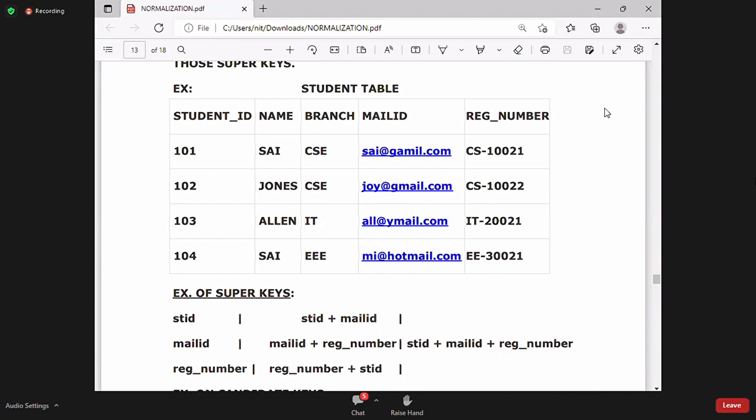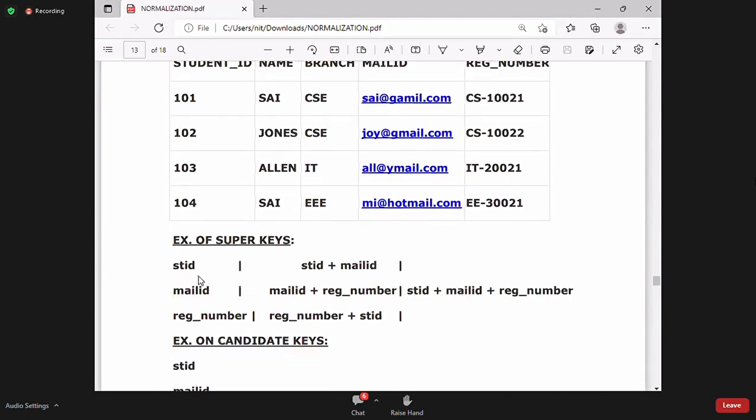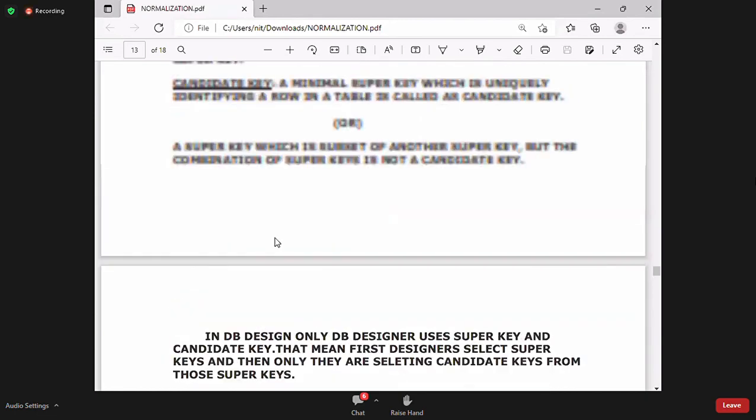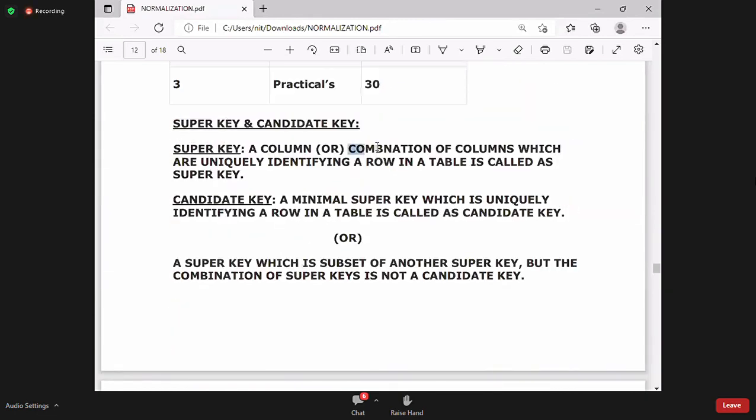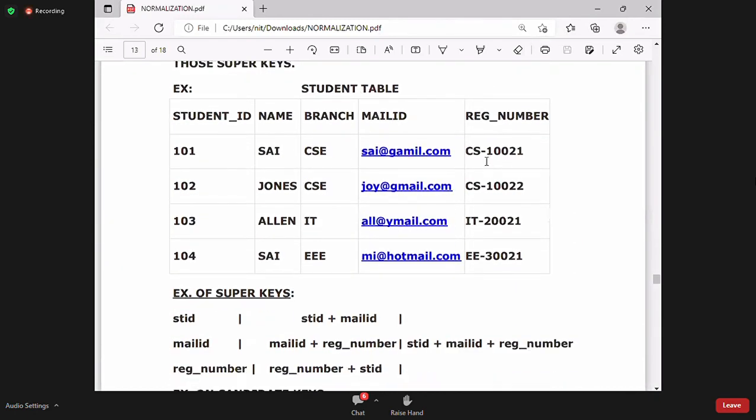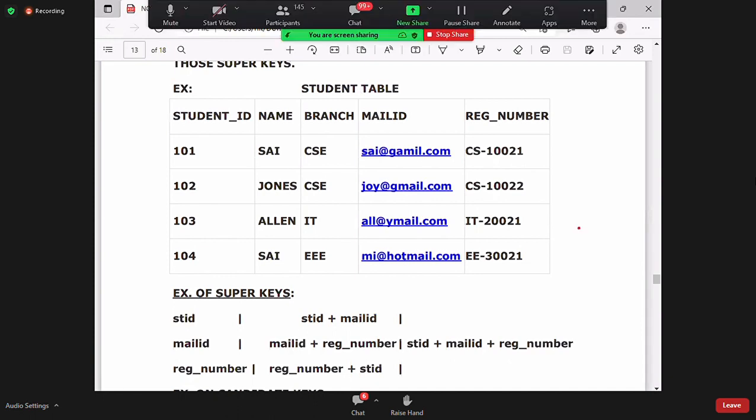Okay. So individually, you saw examples of super keys: student ID, mail ID, registration number. But observe, not only individually; we said here a combination of columns also. Now you can define a combination. Student ID with a combination of mail ID.